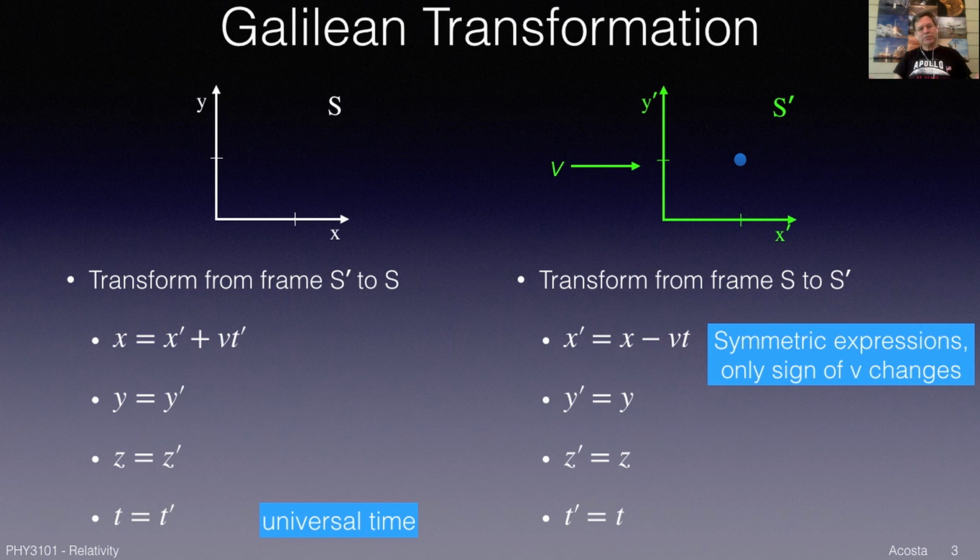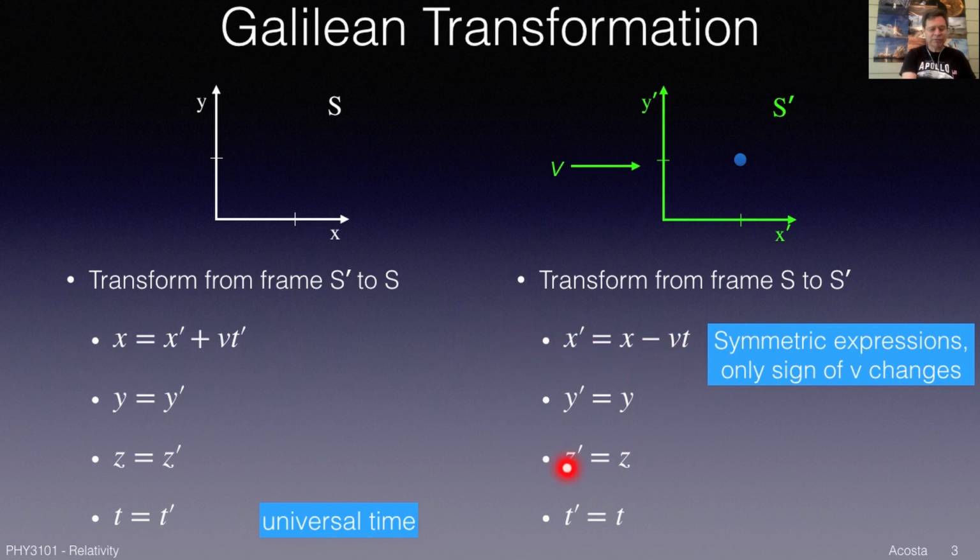We have to have symmetric expressions because the laws of physics should look the same in each inertial frame. The only thing that can change is the relative velocity of one frame to another. So basically, if I have the coordinate x and I subtract off velocity times time, that's the distance this frame S prime is moving away from S, then I should get the coordinate in frame S prime. I should get x prime. So x prime is x minus vt.